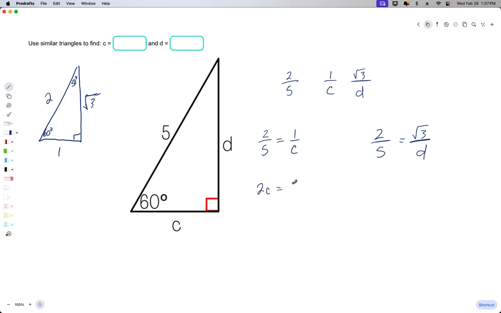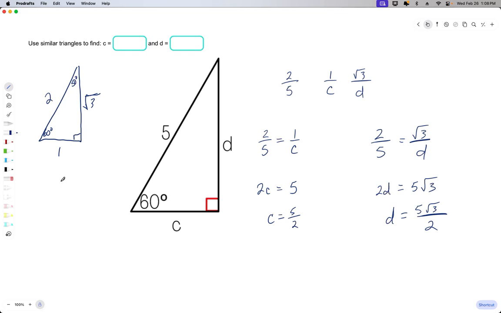2c equals 5, so c is equal to 5 over 2. 2d is equal to 5 times the square root of 3, so d is equal to 5 times the square root of 3 over 2. Easy peasy. You've got to know and memorize your similar triangles.